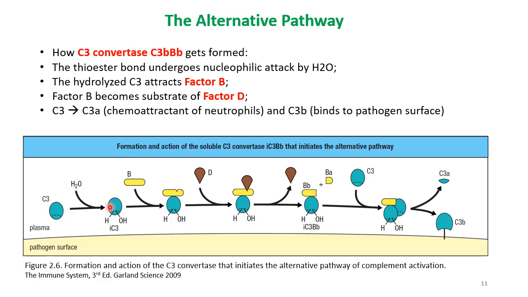After interacting with water, you have what is called the iC3 form. Basically, it changes conformation a little bit in order to allow interaction of C3 with another floating factor, called factor B.